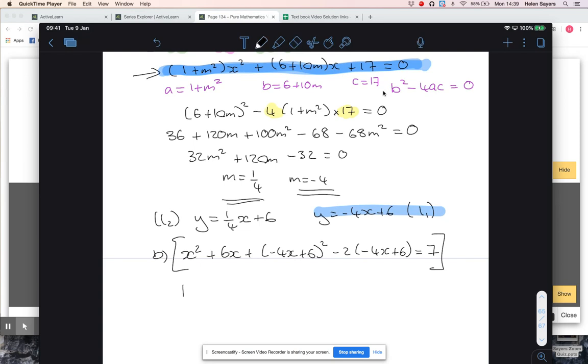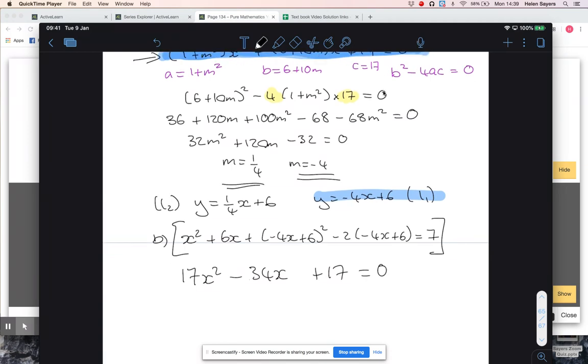So that's 17x squared. 6 plus 10 times minus 4, so that's 6 minus 40, so that's minus 34, not 36. That's minus 34x plus 17. Okay, and that's exactly what you would get if you just simplified that again.